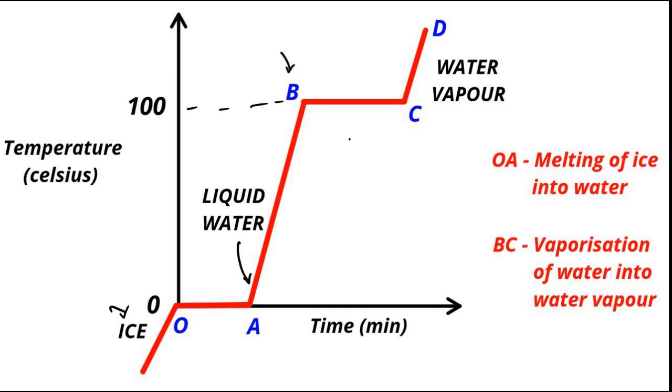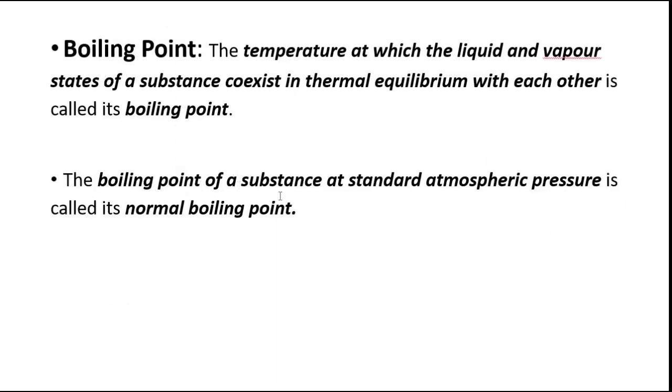Here we have liquid water and water vapor, which simultaneously coexist in thermal equilibrium with each other. Again, it is a characteristic of the substance but is dependent on pressure also. The boiling point of a substance at standard atmospheric pressure is called the normal boiling point.